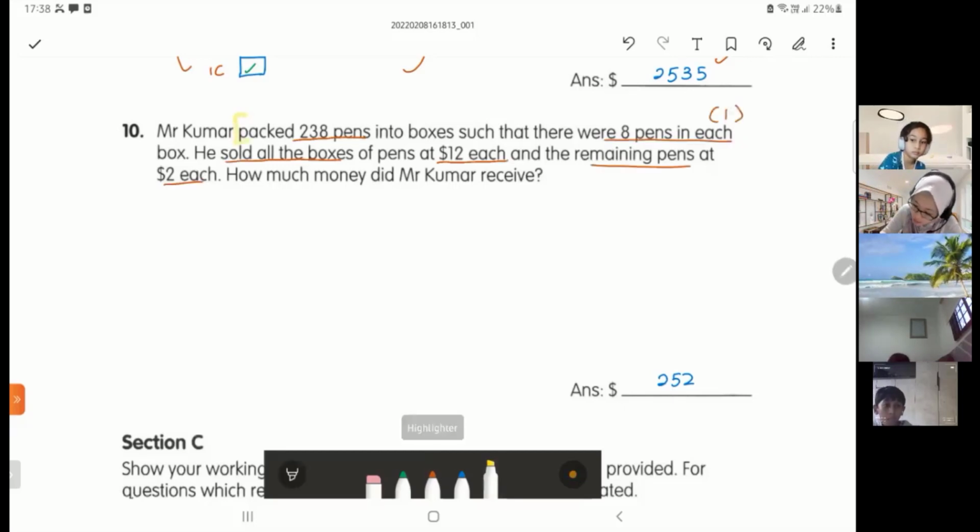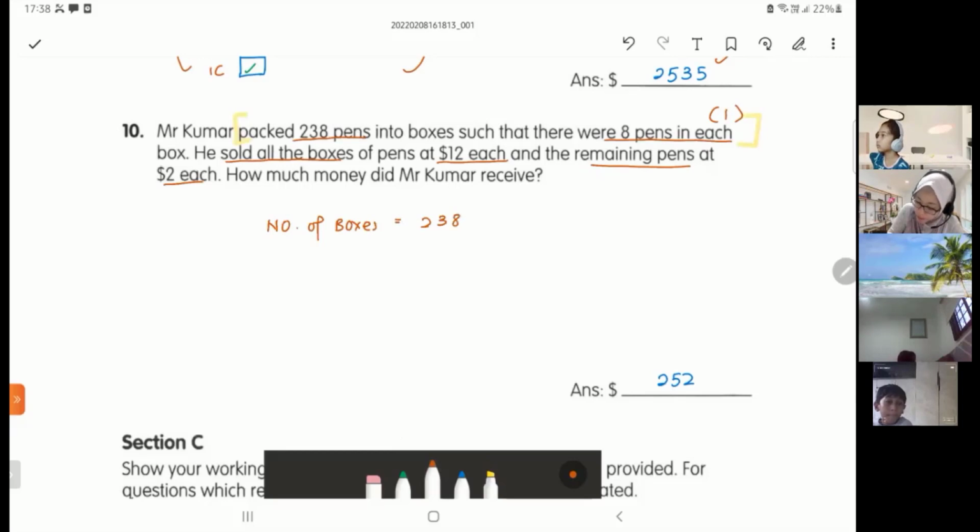We work with what we have at first. He packed this one. Let's find out how many boxes there are. Number of boxes equals 238 divided by 8. There will be a remainder, because of the remaining pens. How do we do this? 238 divided by 8.